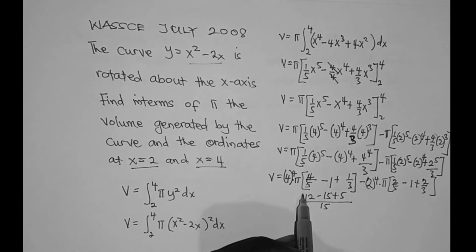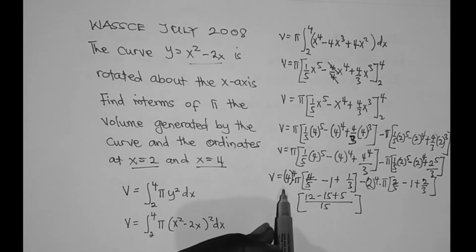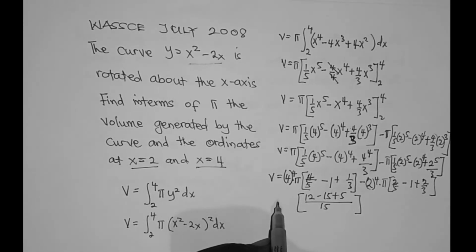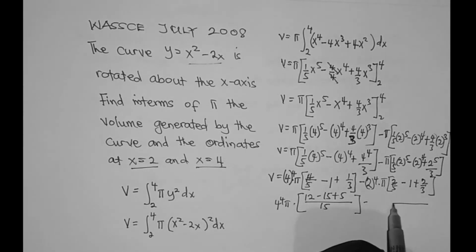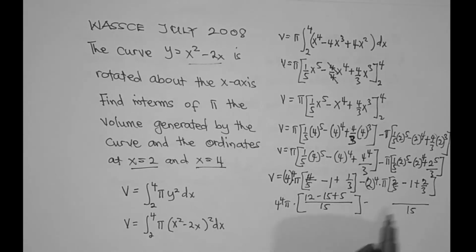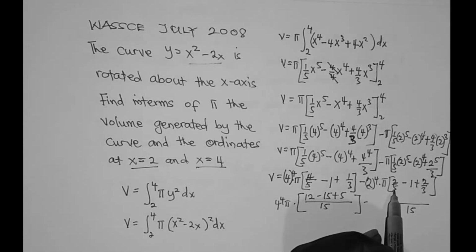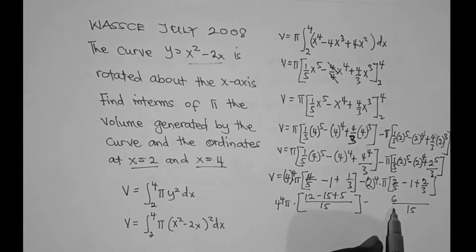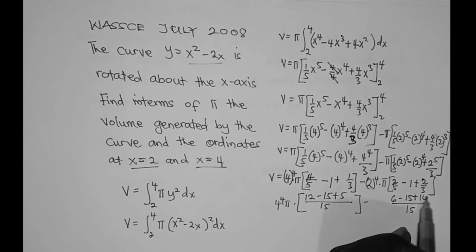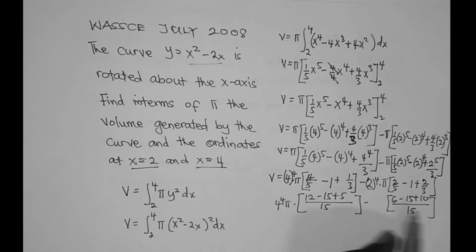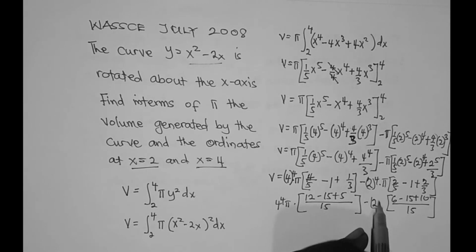All of this is multiplied by 4 to the power 4 pi, then minus all of this. Let's find the LCM here. It's still 15. So 15 divided by 5 is 3, 3 times 2 is 6, then minus 15, then plus 15 divided by 3 is 5, 5 times 2 is 10. All of this is multiplied by 2 to the power 4 pi.